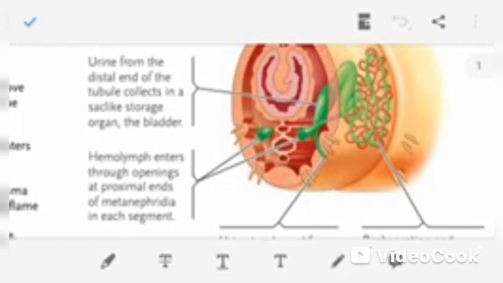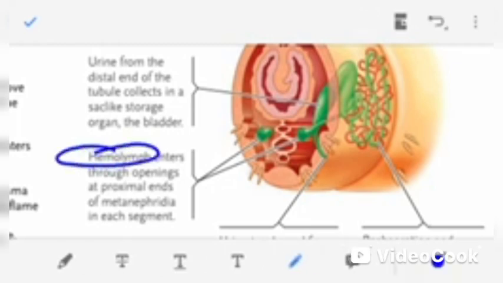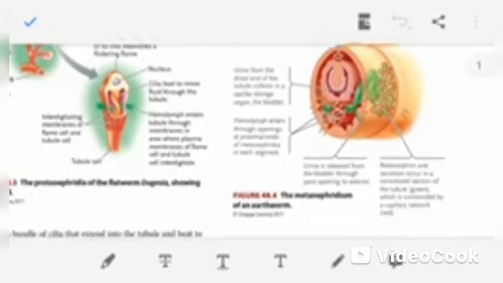In the nephrostome, the coelomic fluid, because annelids have a coelom, enters due to the beating of cilia. This is the first step.